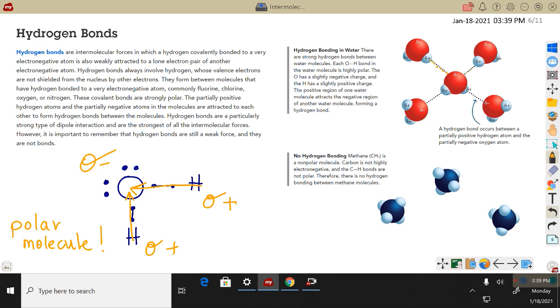And so it's over here. It's down here. Here's the oxygen. It's a little negative. It'll line up so that it's attracted to the partial positive hydrogen of a neighboring molecule. That attractive force in between the molecules is called a hydrogen bond.